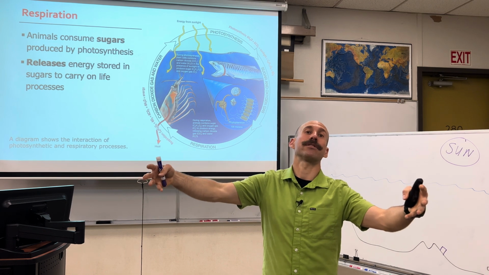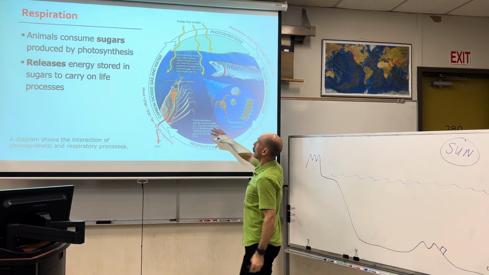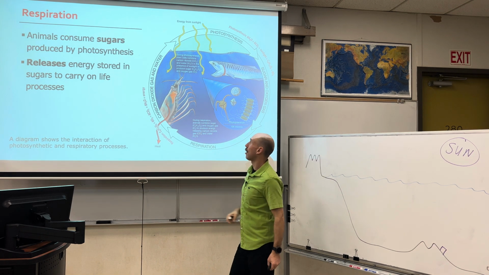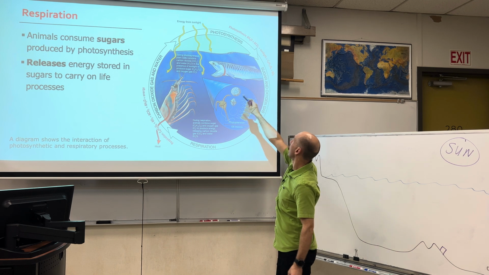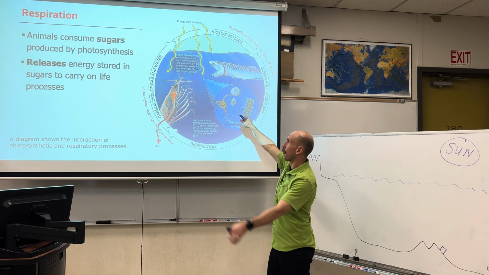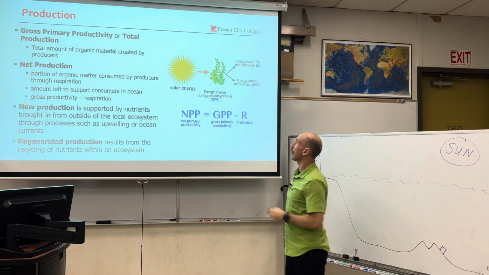Respiration uses oxygen and sugar and releases carbon dioxide into this balance of the primary producers and the consumers. So, circle of life, exchange of energy in the marine environment is happening like this.